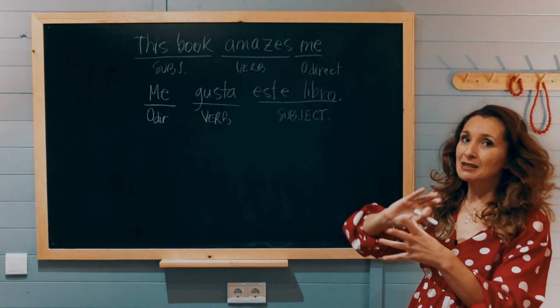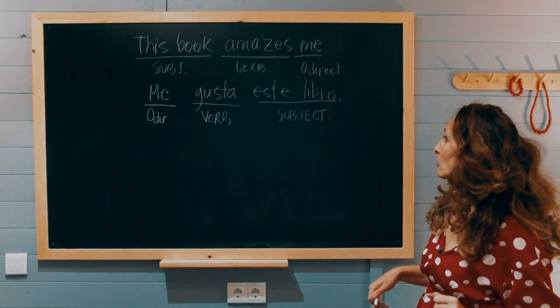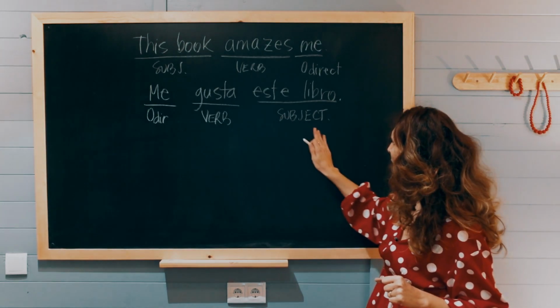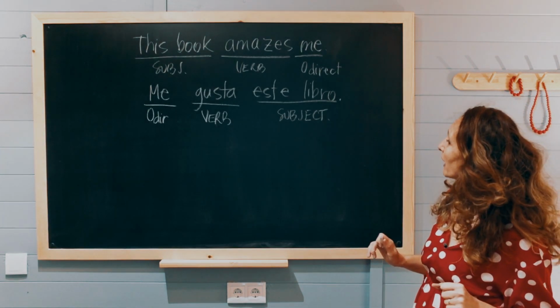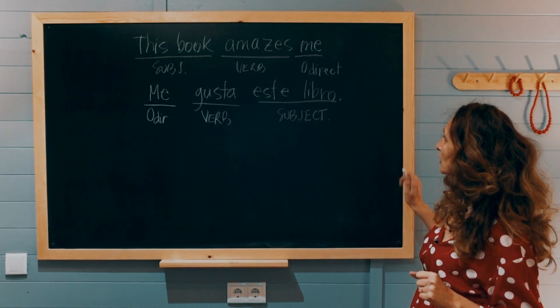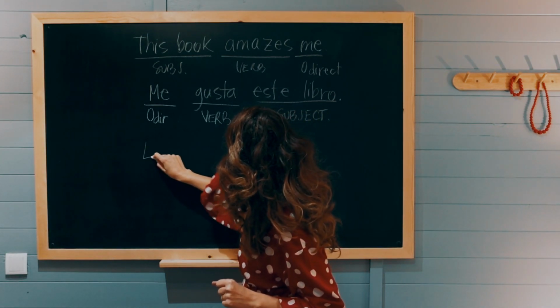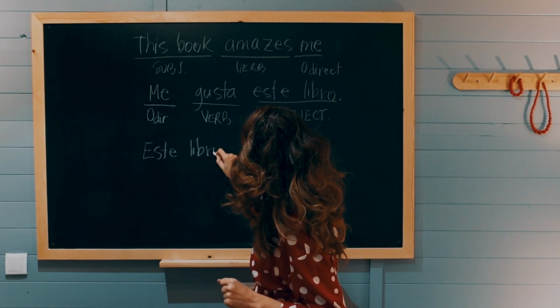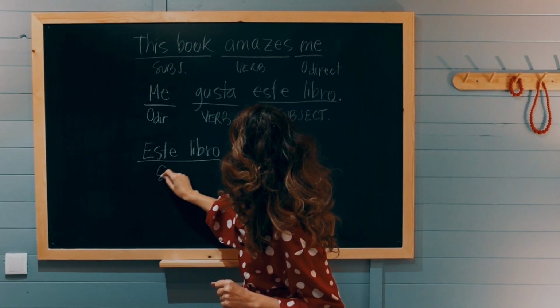This can be slightly changed around. We don't always have to have this order, object, verb, subject. We can also have subject, object, verb, and we can say este libro me gusta.